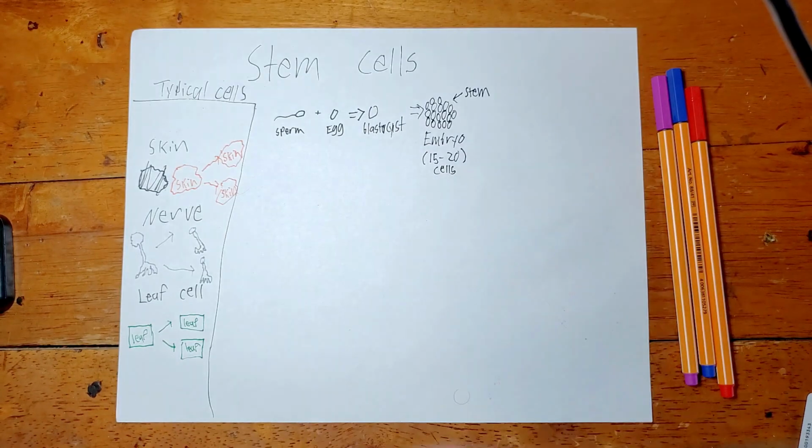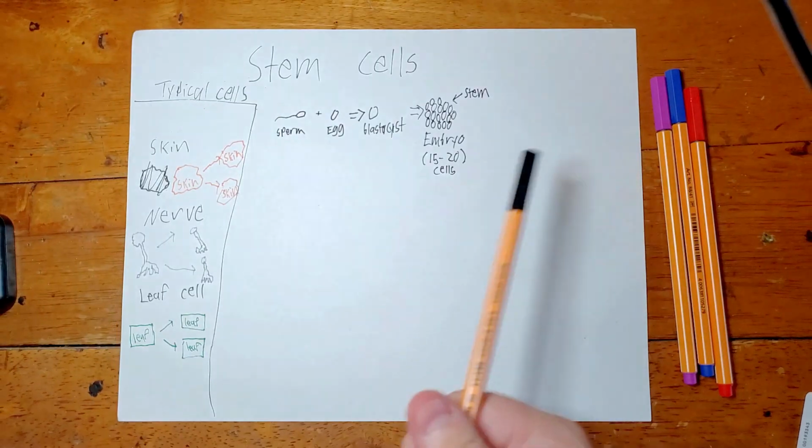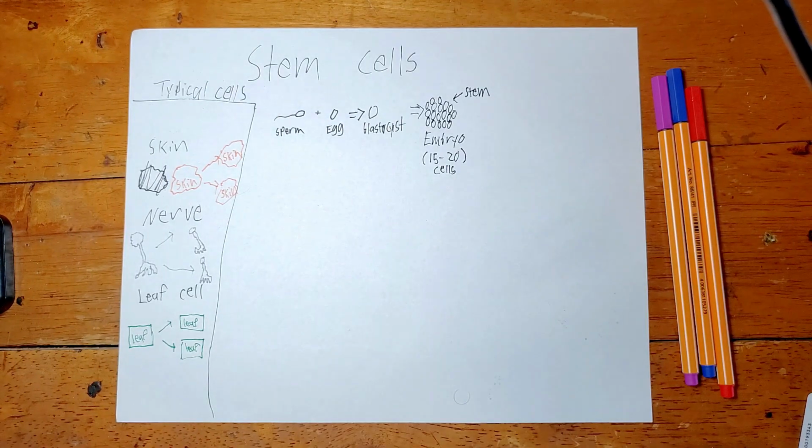Because if you start from just one cell, let's take a human, for example, there's no way this one cell could be a liver cell, and a skin cell, and a nerve cell, and an eye cell, and a rod, and a cone, and white blood cells, and red blood cells. That just isn't possible.